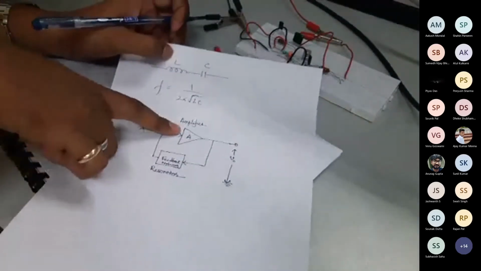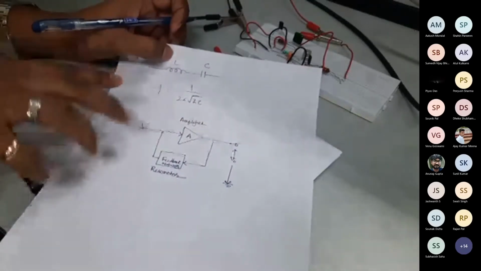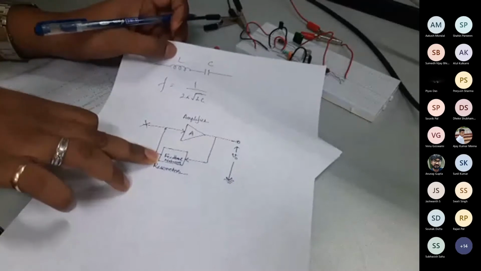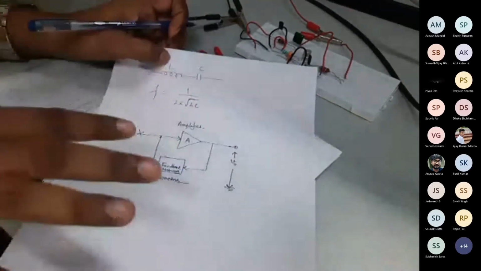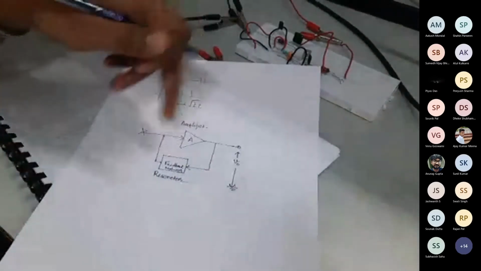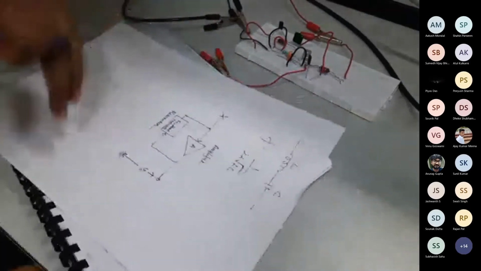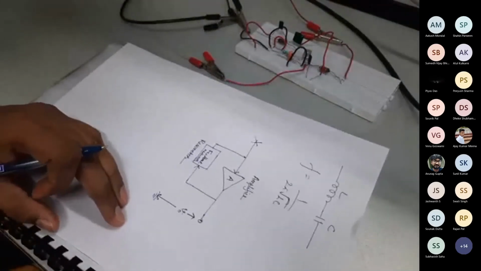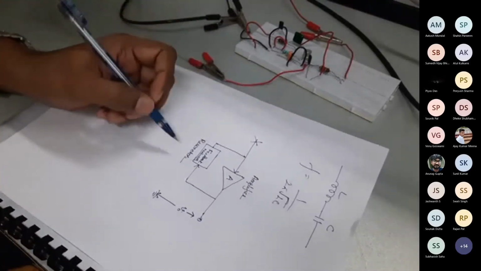This amplifier will provide the energy to the resonator, which is being lost due to the resistance present in the resonator. So it will provide some kind of forced, driven oscillation, and it will sustain the oscillation.